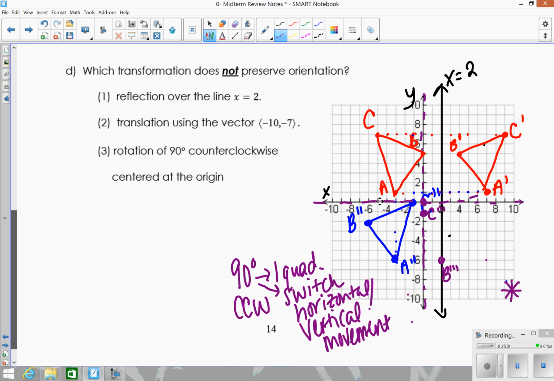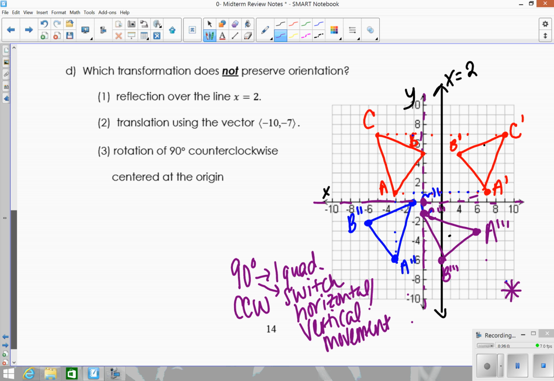So switching the movement, horizontal 6, down 2, now it's down 6, over 2. Then we go to A. It's going to be down 6, right 3. So that means instead of horizontal 3, you're going to go down 3, and then you're going to move right 6. So then that'll be A triple prime.